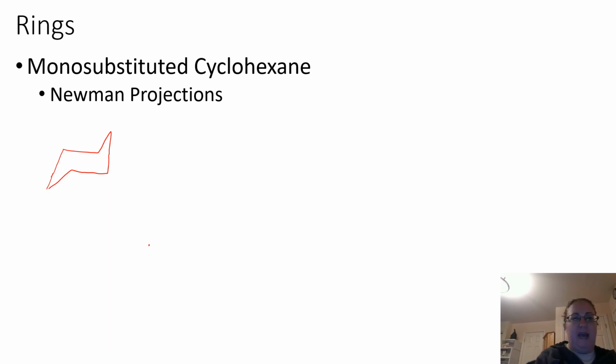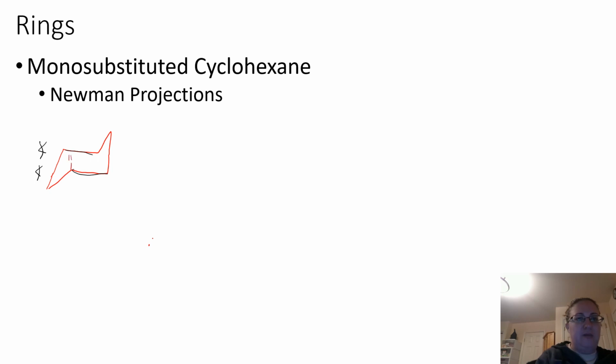Remember, we look down those carbon atoms that are in the plane. So we'll look down the two carbon atoms here, and the two carbon atoms there as well. I'm going to put the methyl group in that position so we can see it in relationship to all the other carbons and hydrogens that we have.